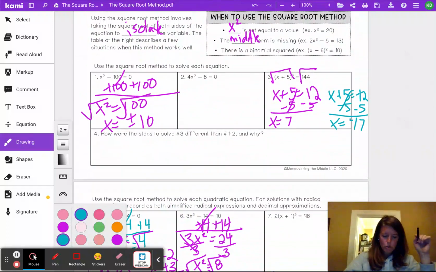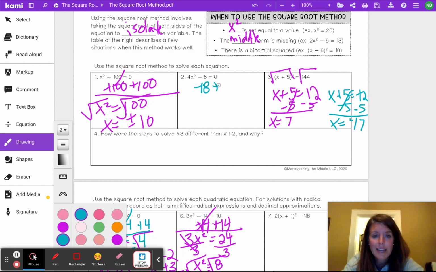So number 2, 4x squared minus 8 equals 0. All right, so if you worked on this one on your own, we would add 8 to both sides. And you've got 4x squared equals 8.